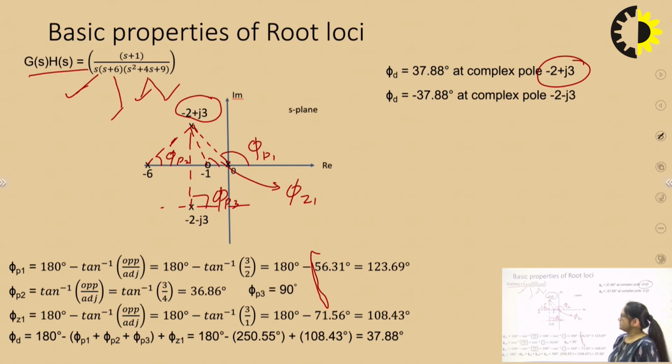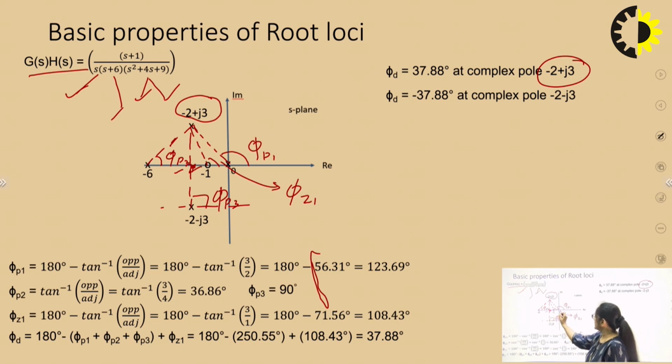So 180 degrees minus the sum of the angles made with the vectors drawn from the other poles, plus the sum of the angles made with the vectors drawn from the zeros. For phi P1, because this is -2 plus J3, we get this line as 3 and this point as -2.